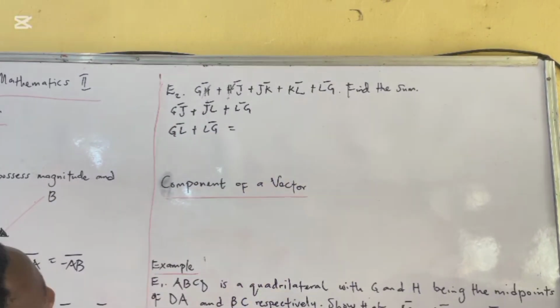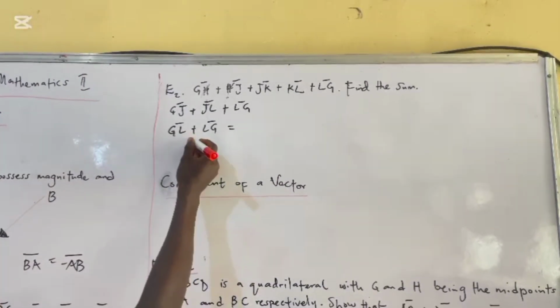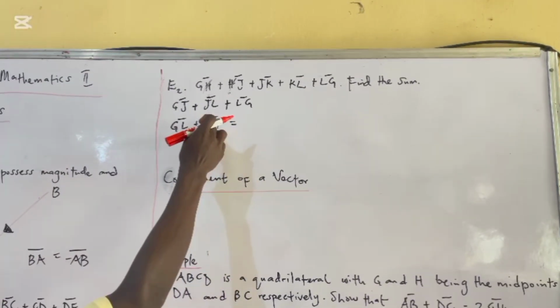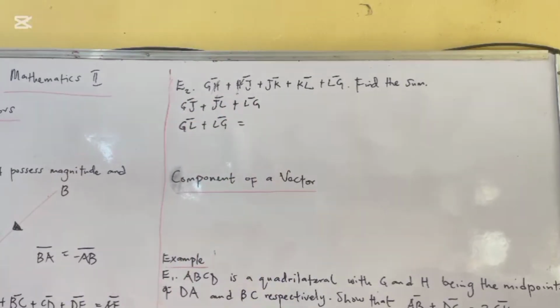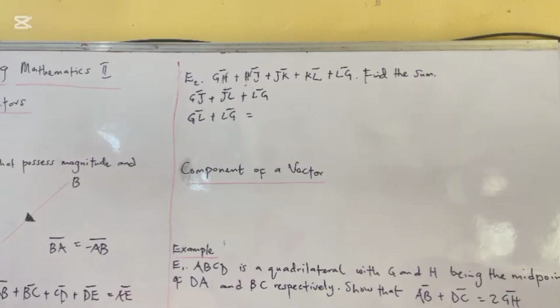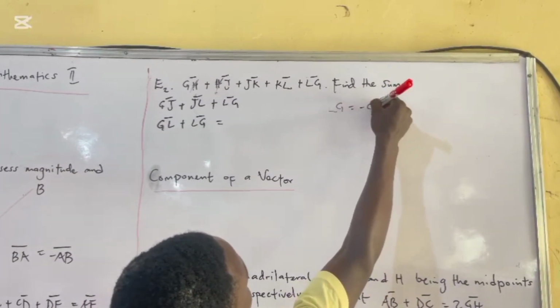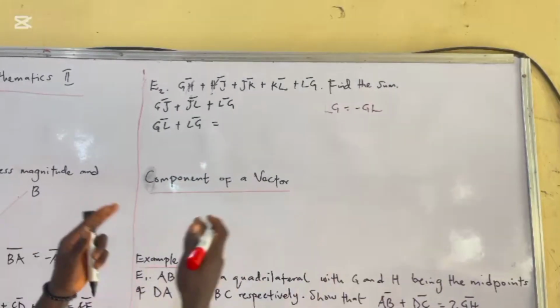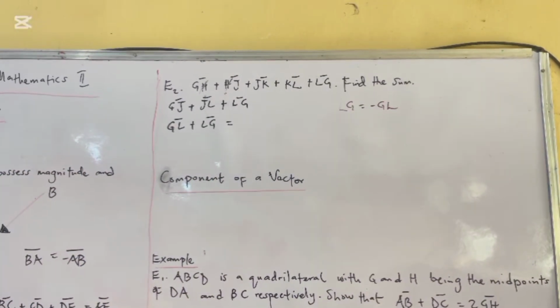Now, what does this give us? You can see that this FG rather is also minus GL. Remember what I did here the other time? AB is also minus BA. So you can say that LG is also what? Minus GL. And when you bring that together, it's going to give us what? 0. That's what we call a closed loop vector.